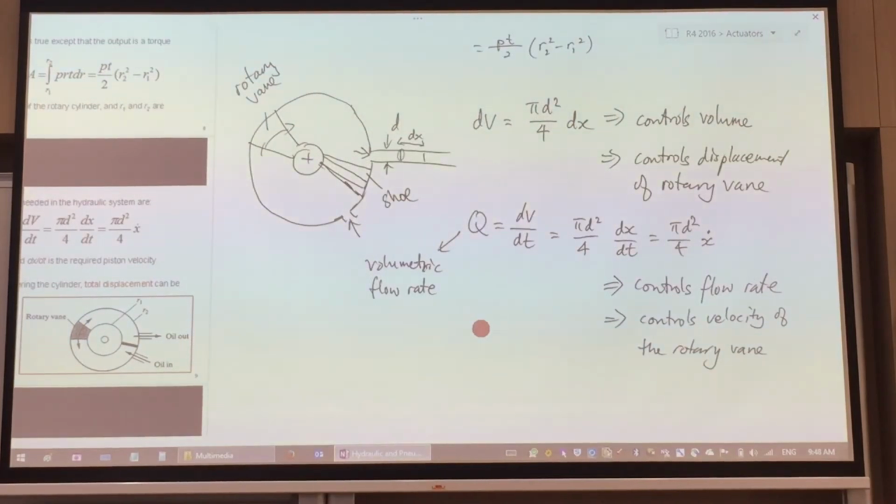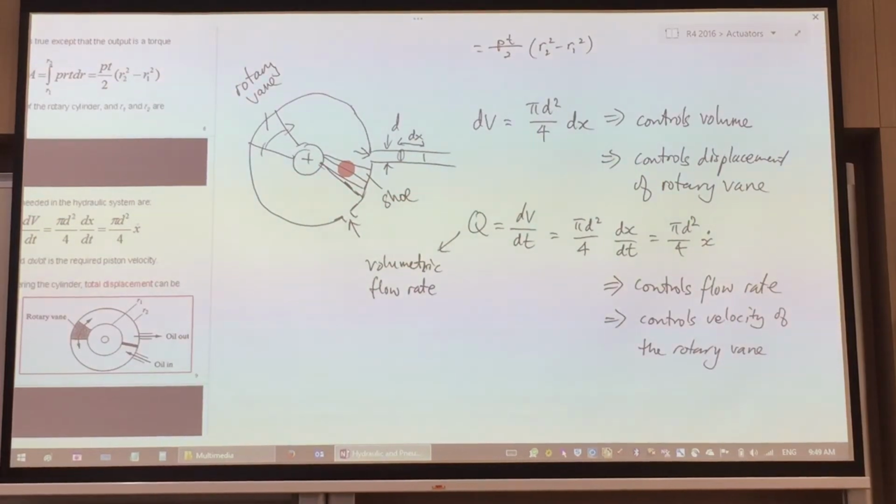So the next couple of pages outline the components that you can find in a typical hydraulic system. And later on we get to see one of these hydraulic components called a servo valve, and how it operates.